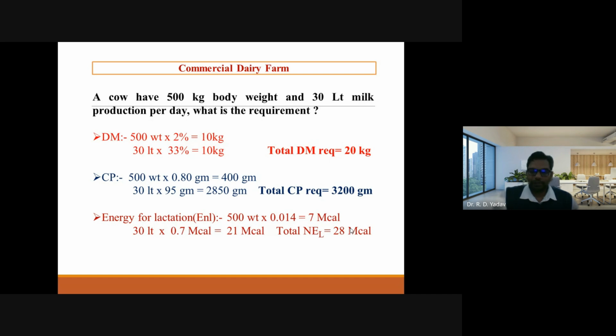So the total energy requirement will be 28 megacalorie. So here, for a 500 kg body weight cattle producing 30 liters of milk, we have calculated their requirement: in terms of dry matter, that is 20 kg; in terms of crude protein, that is 3200 grams; and in case of energy, that is 28 megacalorie.